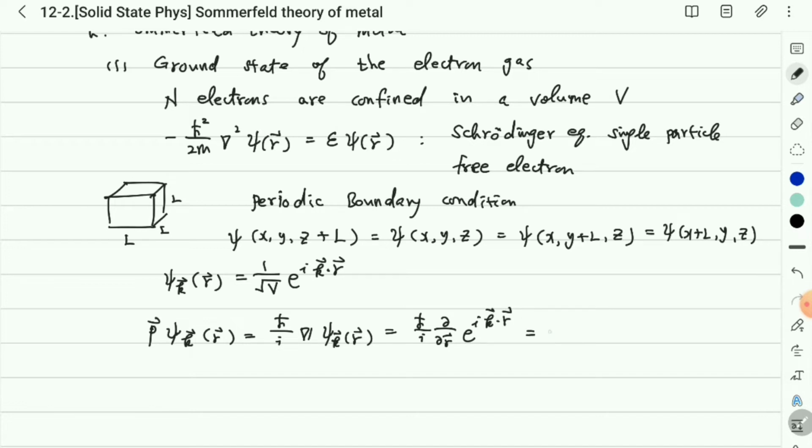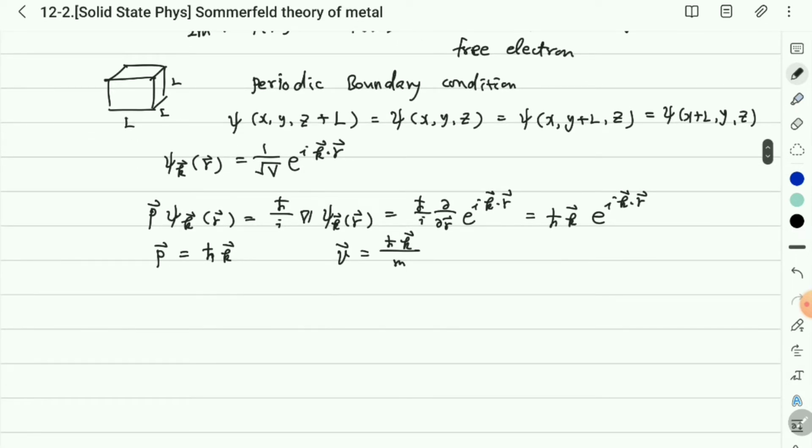Then because the i's cancel with each other, the imaginary parts cancel, therefore it is h bar k exponential i k dot r. Therefore the momentum p can be written as h bar k in the Sommerfeld Fermi gas. And the velocity is h bar k over m.